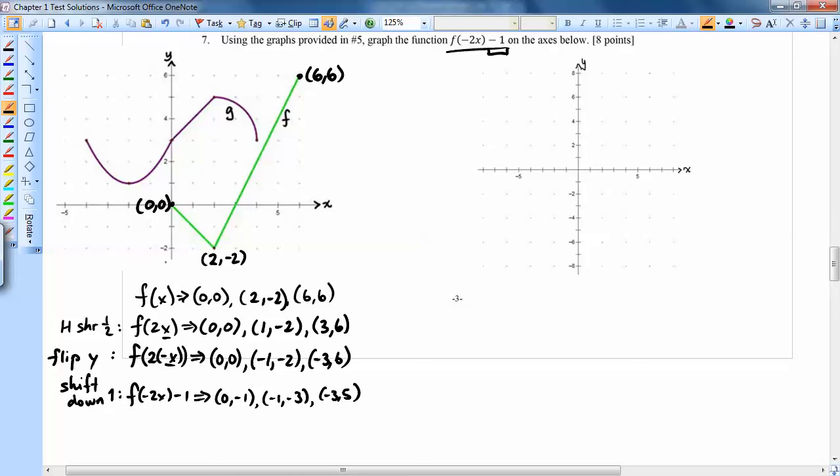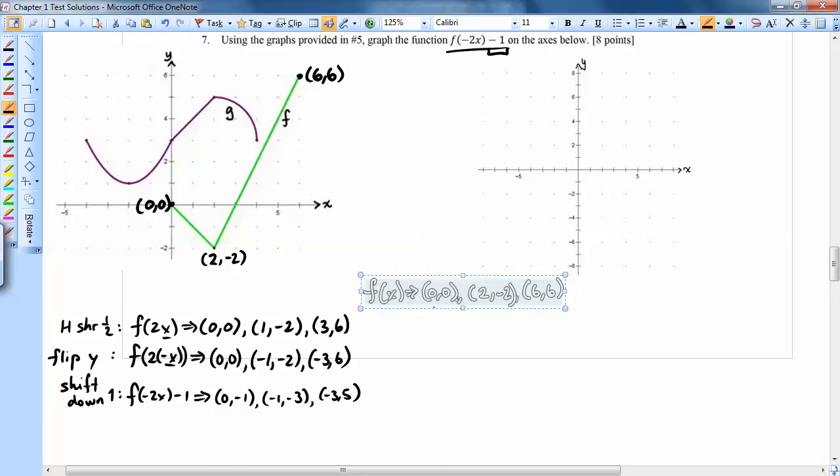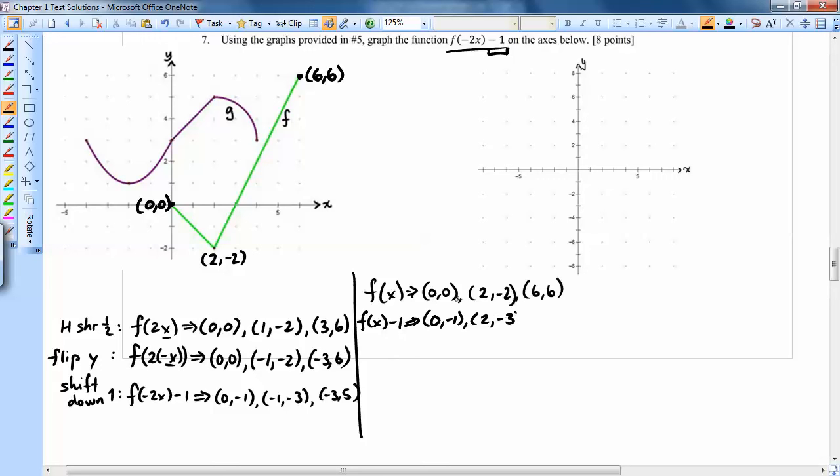So I take my original points, and if I shift down first, that would make it f of x minus 1. So then I would get (0, -1), (2, -3), and (6, 5).